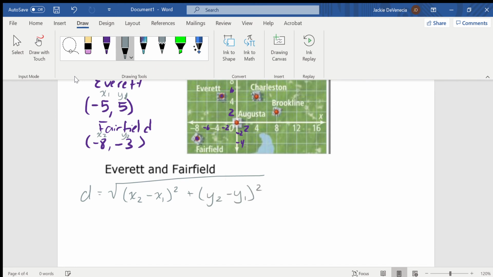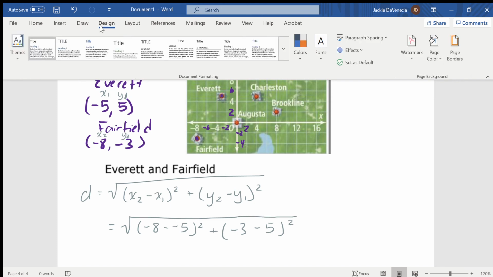And everything is being taken to the square root. And then all you need to do is plug everything in. So x2 would be negative 8 minus negative 5 squared plus y2, which is a negative 3 minus 5 squared. Okay, so that's what it looks like.